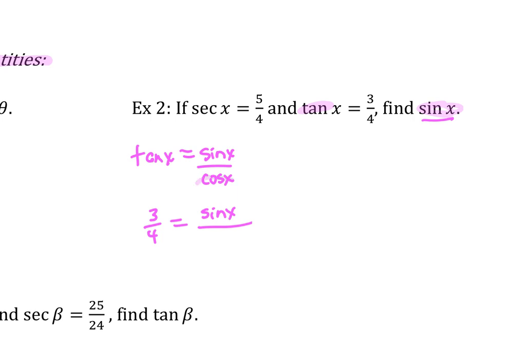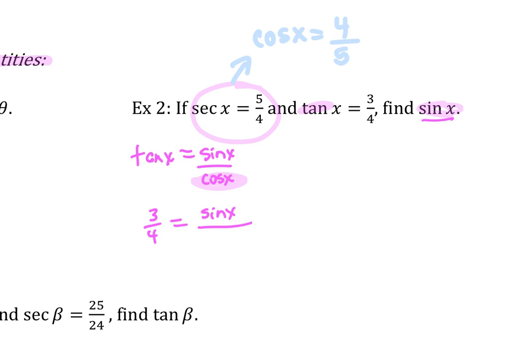But isn't secant the reciprocal of cosine? Yeah, it sure is. So if we know that the secant of x is equal to 5/4, then think about what that's telling us. 4/5? That's telling us that the cosine of x is equal to 4/5.